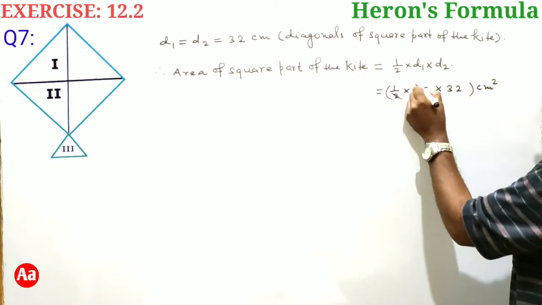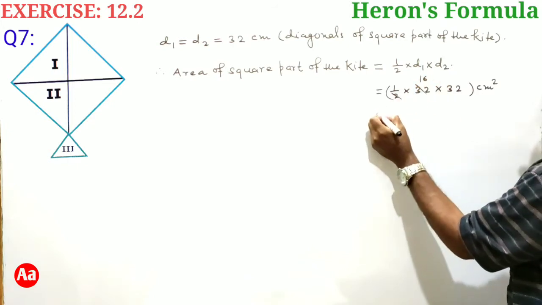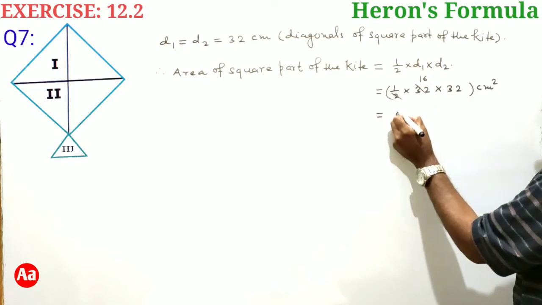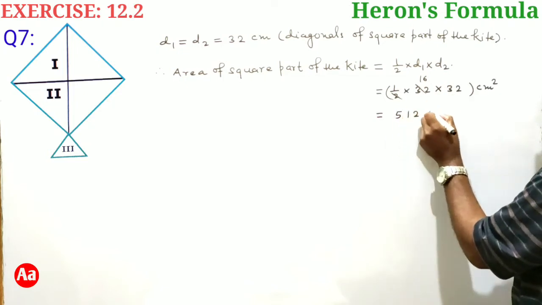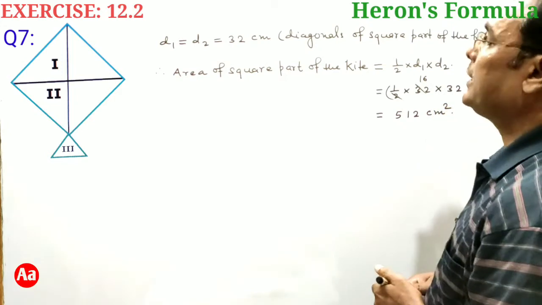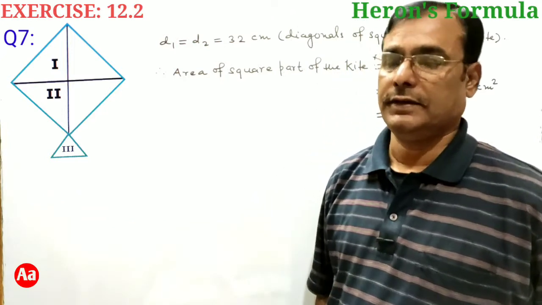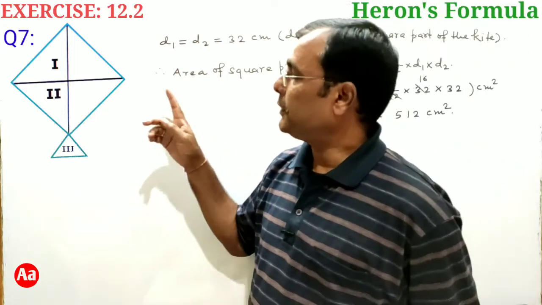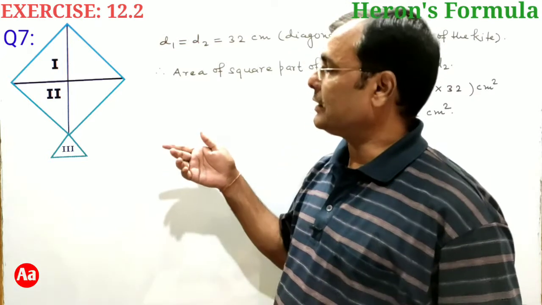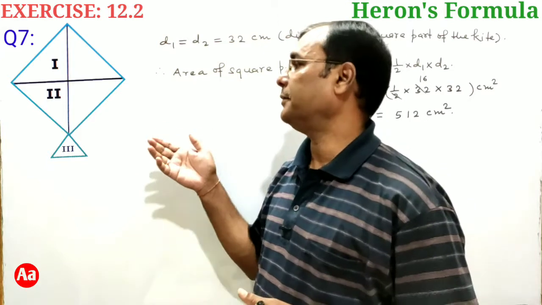If you simplify, it is 16 into 32, which is 512 centimeter square. This is the area of the square part of the kite, and the first part of the kite on one side is just half the area of the square part of the kite.